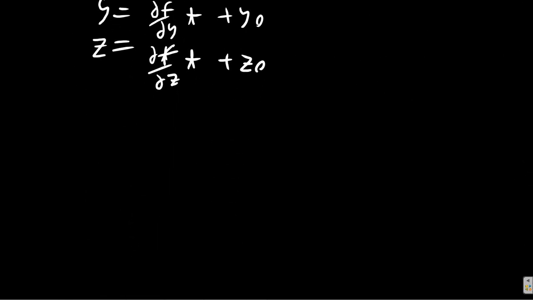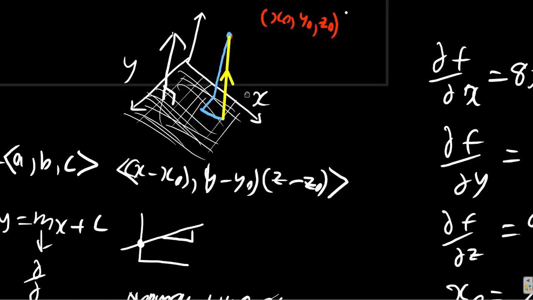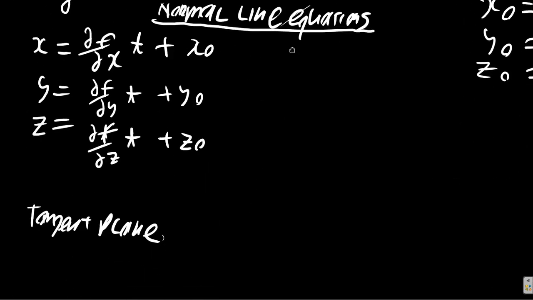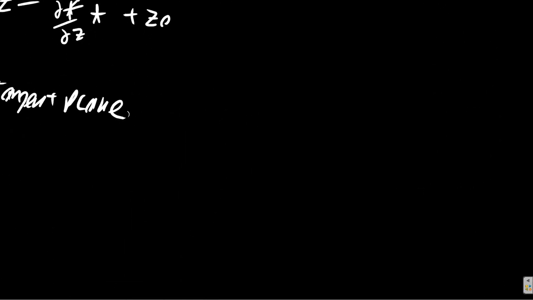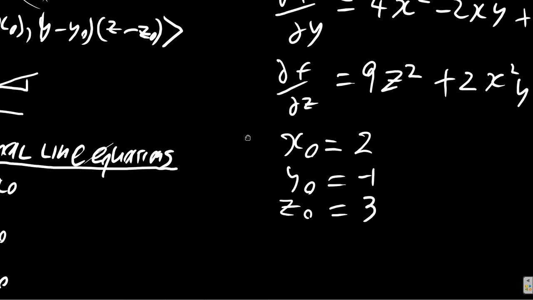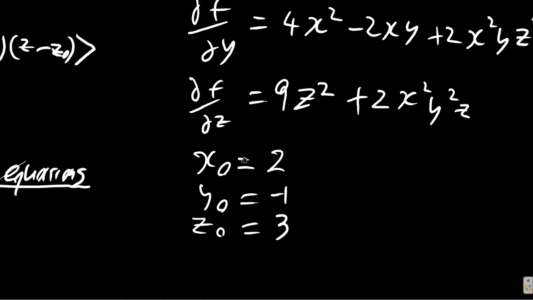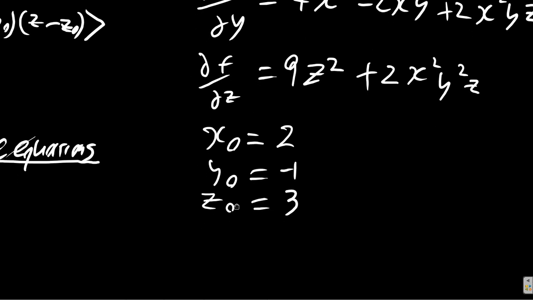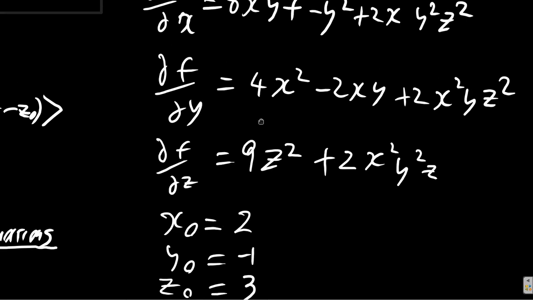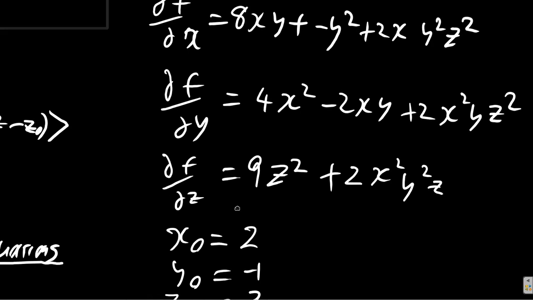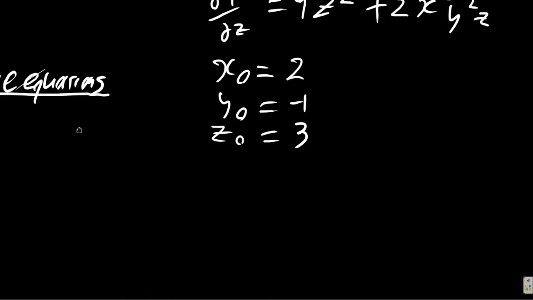So let's see how we do it. For the tangent plane now, let's look at it. The equation for the tangent plane is delta f by delta x, x minus x naught. But in this case, our delta f by delta x will be at this particular point. We didn't calculate that before. We need to calculate exactly what the delta f by delta x will be at this point, right?